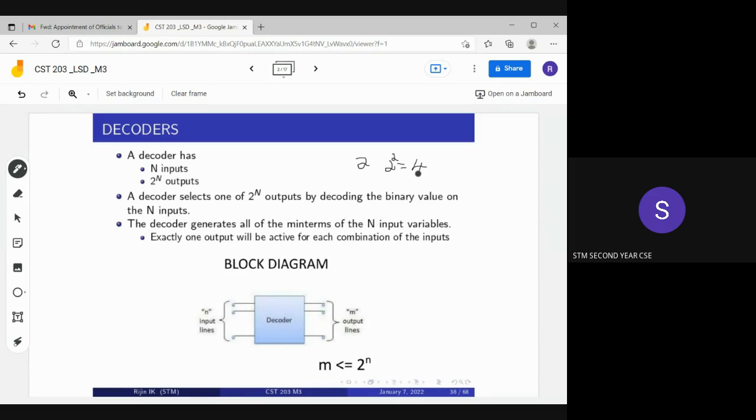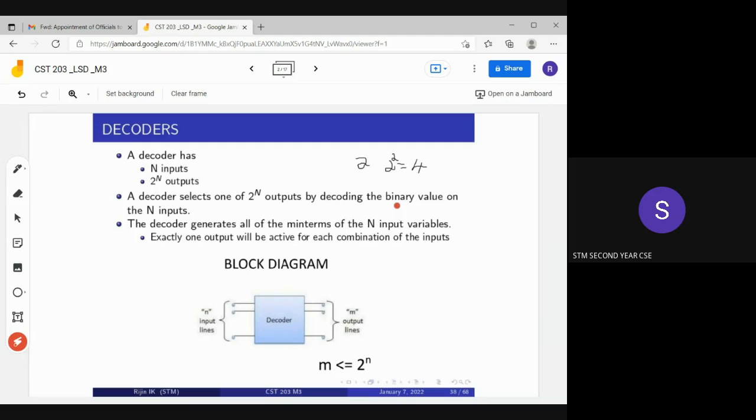It will receive input lines and generate a maximum of 2 raised to n output lines. A decoder selects one of the 2 raised to n outputs by decoding the binary value on the n inputs.